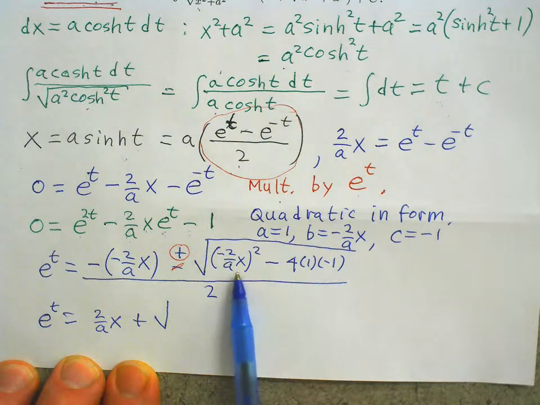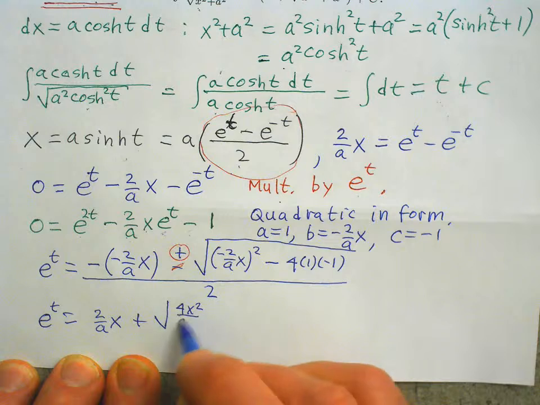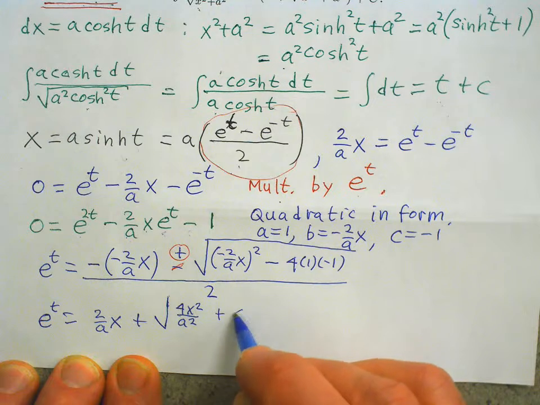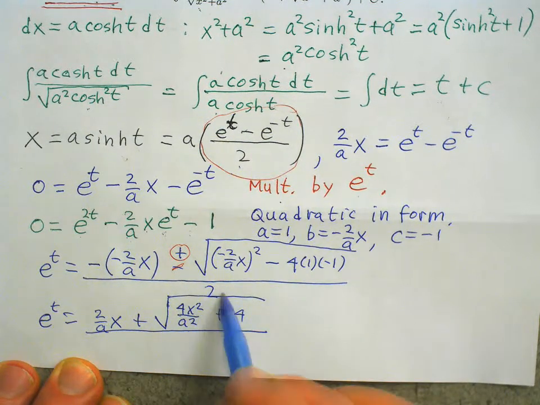So we're squaring negative 2x over a, so that's going to be 4x squared over a squared. And then minus negative 4, which is plus 4. And then this is all divided by 2.